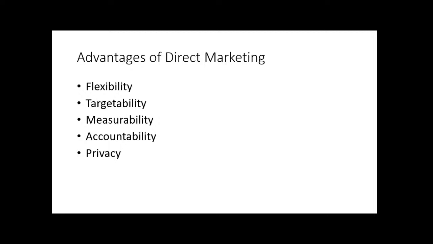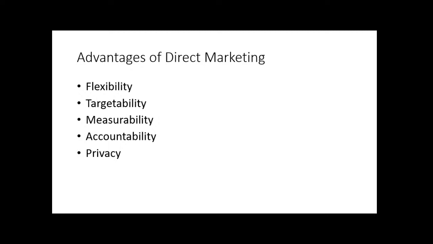Measurability refers to your ability to test, track, and analyze the various dimensions of your campaigns to improve effectiveness. Accountability is linked to measurability because you're able to measure and analyze the various components of a specific campaign, so that you can know which campaign and which tactical elements that you've chosen are effective and which are not.